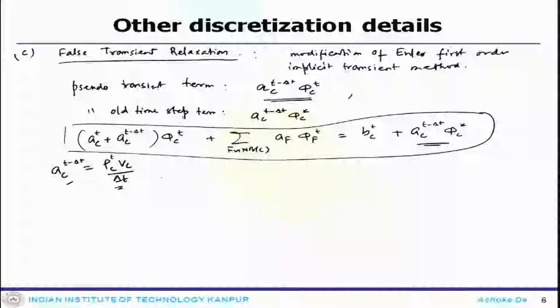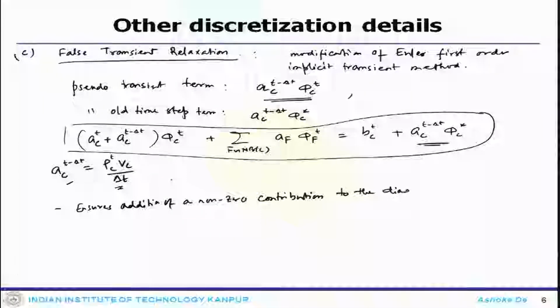In addition to all this, for the solution to advance consistently over the entire domain, the false transient method ensures the addition of a non-zero contribution to the diagonal coefficient, even in extreme cases where the diagonal coefficient is 0.